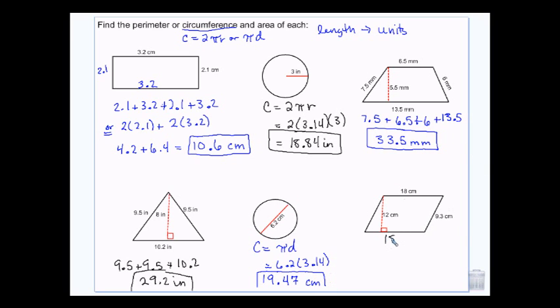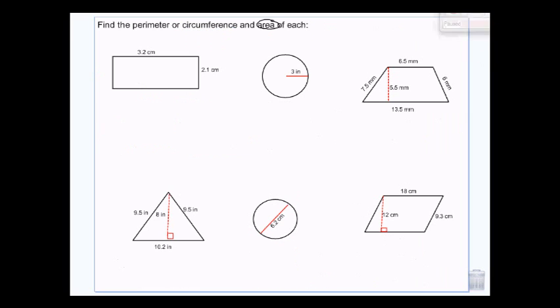And finally, when we have a parallelogram, opposite sides are the same length. So I have 2 times 18 plus 2 times 9.3, so that's 36 plus 18.6. So 54.6.